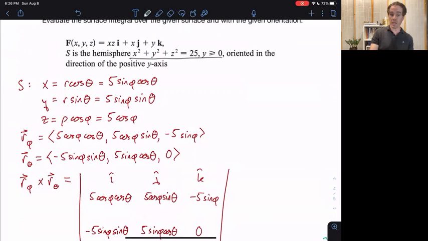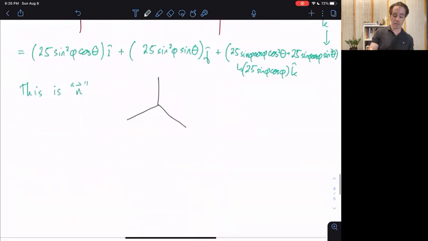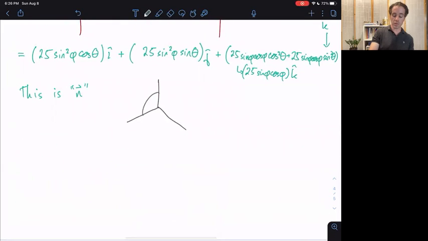We have the portion of this that has positive y values, and we want the orientation to be in the direction of the positive y-axis. So what that means is that we've got this thing here, this hemisphere, which, not the best artist here, but that's meant to exist in the XZ plane.